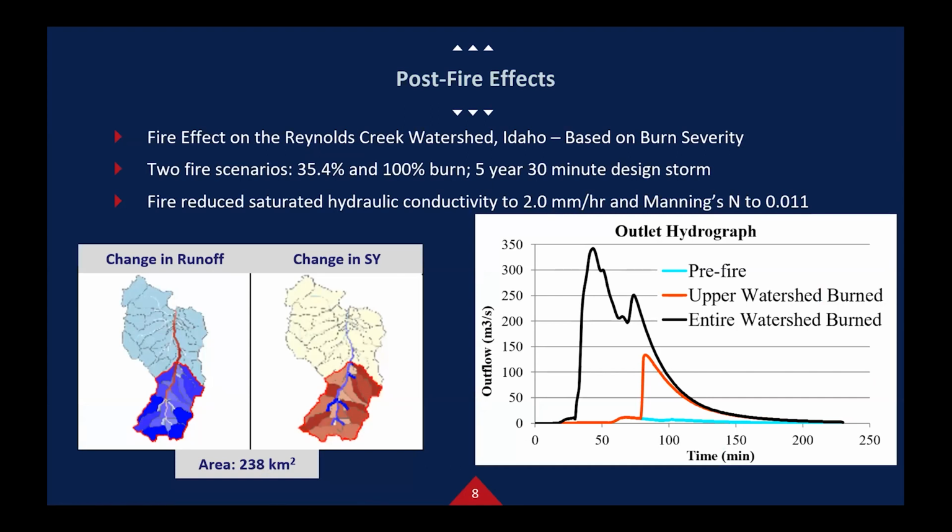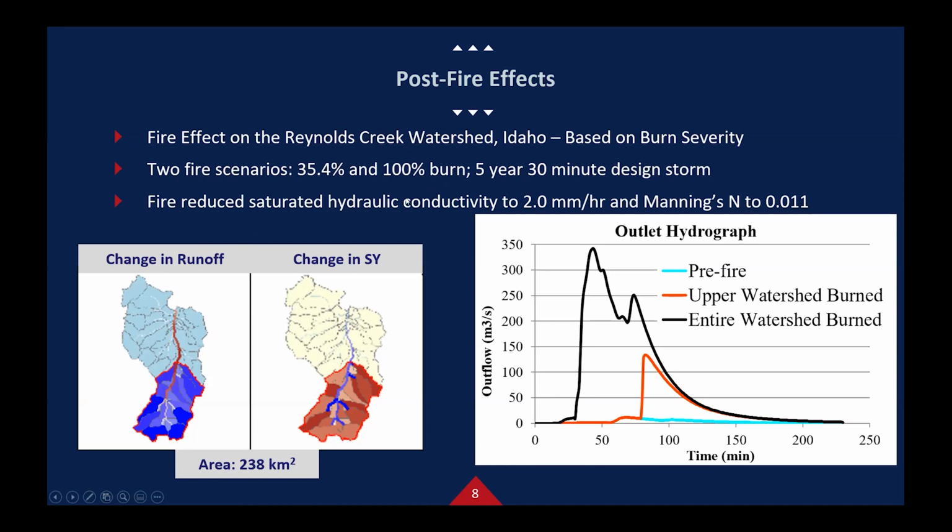Post-fire effects tool. Again, Dave is going to talk more about this in the next presentation. So we're evaluating the post-fire effects of a fire. This is a small watershed in Idaho, where we are looking at what would be the impact on runoff and erosion if half of the watershed was burnt and if all of the watershed was burnt.